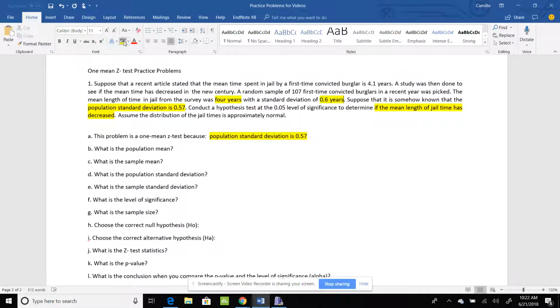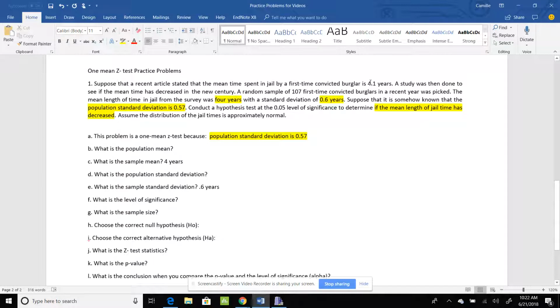Sample, survey, those all mean groups that I took away from the population. So the sample mean is 4 years. The sample standard deviation is 0.6 years. And you see here, I'm filling in as I go, and it doesn't matter if I do it in order, I just need to gather my information.